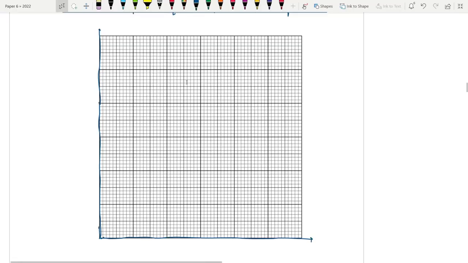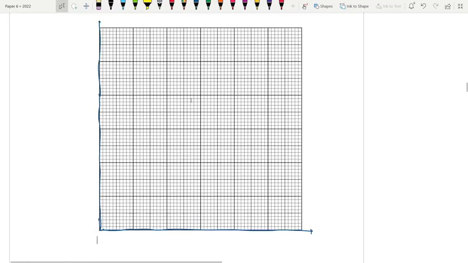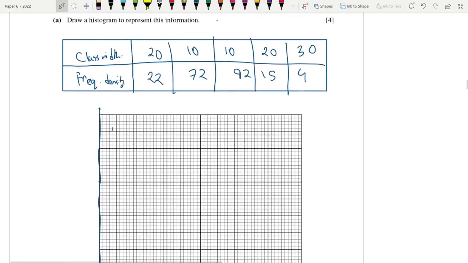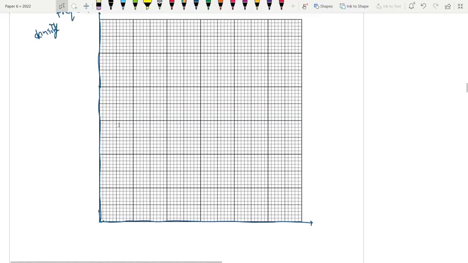So we have a maximum value of 92, so you can go for one small box is equal to 10. That should work. So this is your frequency density, and below is the time taken.